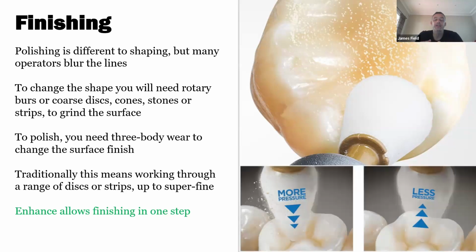And the way that works quite cleverly is that by applying more pressure, the system actually moves from polishing towards surface change. And as we put less pressure on, then it begins to polish again with a fine finish and surface luster. So it can be a way of reducing clinical time for giving you the finish that you want, not least reducing the number of components that you have to work through to get a nice surface finish.